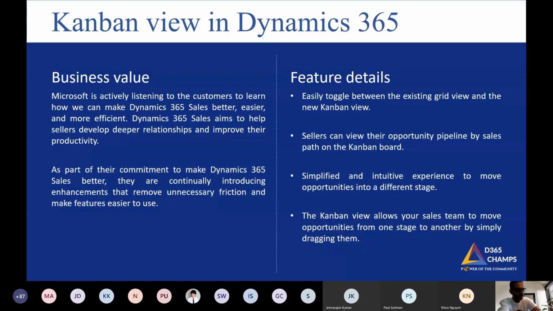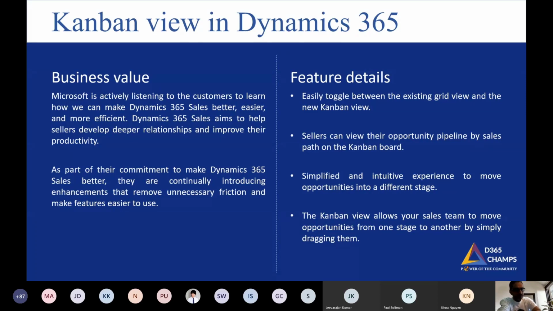In terms of feature details, the board lets you easily toggle between the existing grid view of opportunities. As you know, today when you go to the opportunities grid, you have all opportunities, open opportunities, closed opportunities, and so on. You have different views that you can configure in rows and columns. Now you can easily toggle between the existing grid view and the new Kanban view.